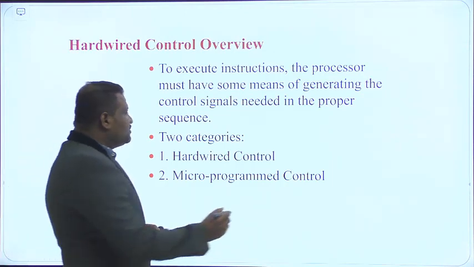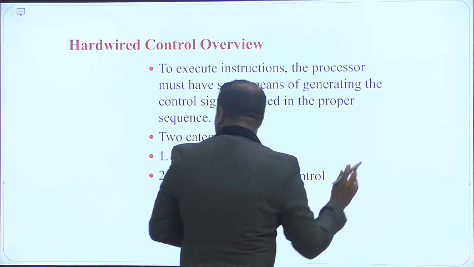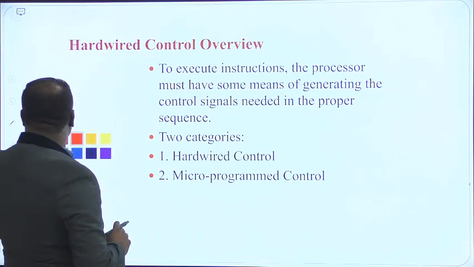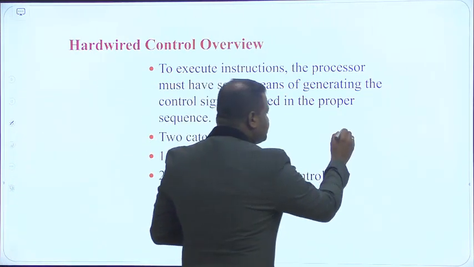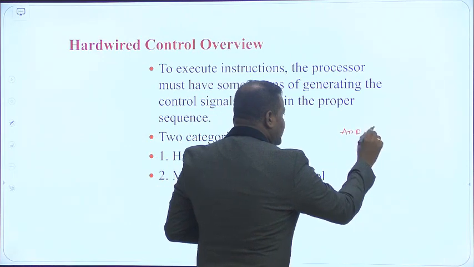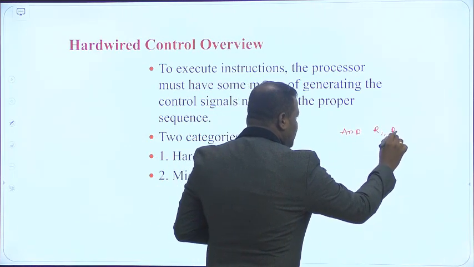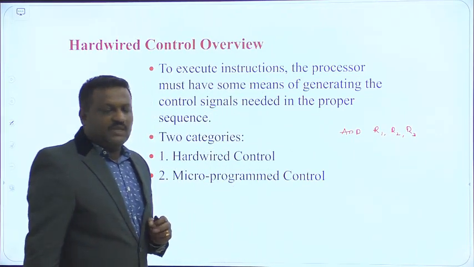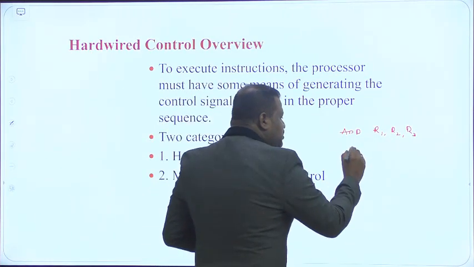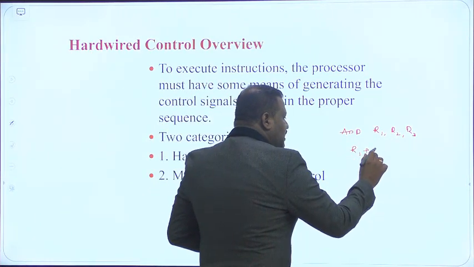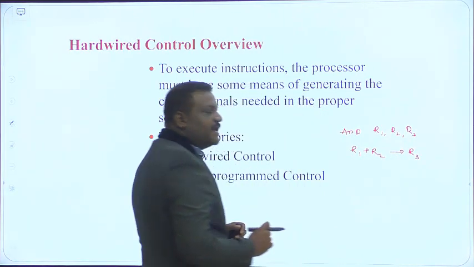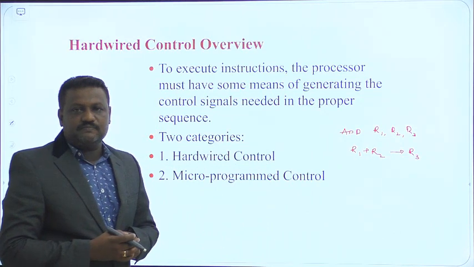For example, here I would like to execute an instruction, that is, add R1, R2, R3. The meaning of this instruction is perform addition between R1 and R2, and the result is transferred to another register R3.